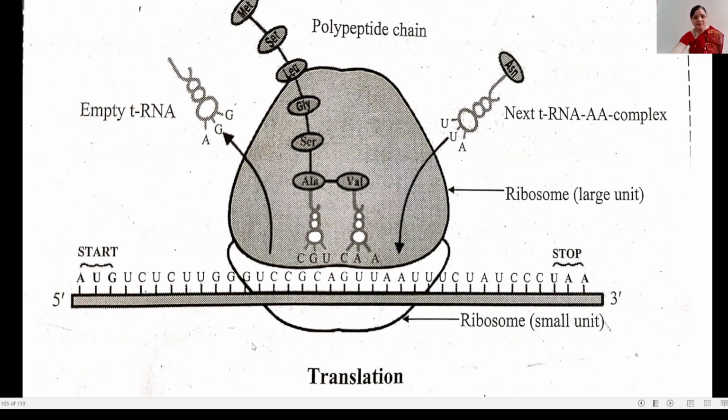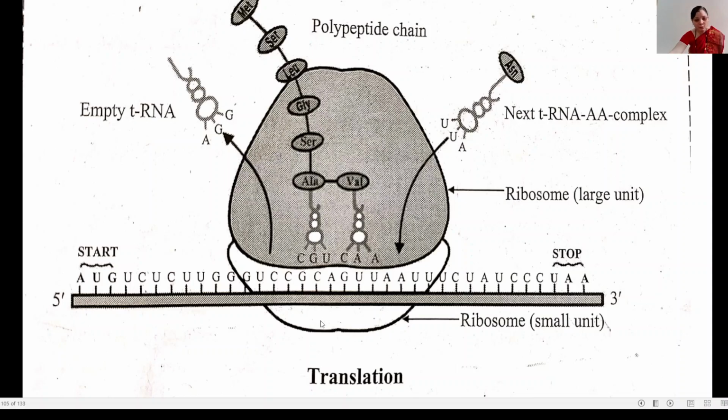So this is the diagrammatic representation of the translation process. This is the structure of the mRNA. mRNA consists of a 5' end and a 3' end. At the 5' end the starting codon, that is AUG, is present. At the 3' end the stop codon, that is UAA, is present.